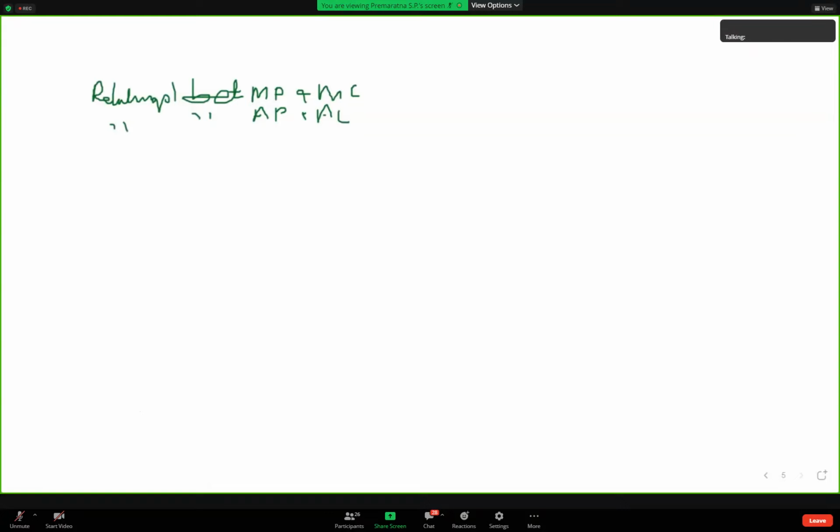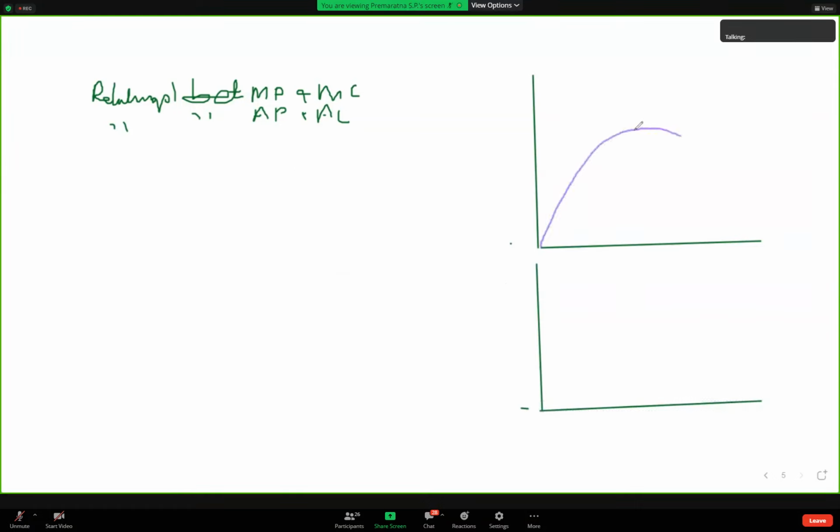Now we start with, again, draw the diagram here to understand clearly. Now look at here the marginal product, the average product. So the average cost curve, the relationship.